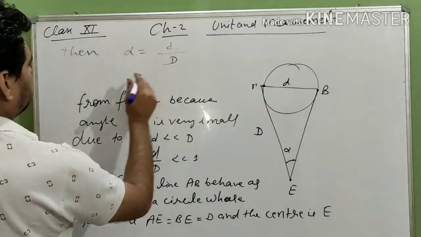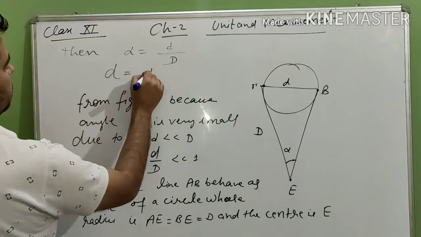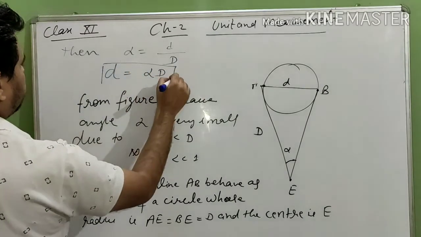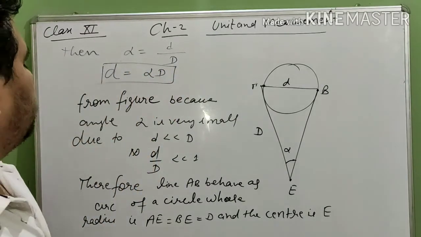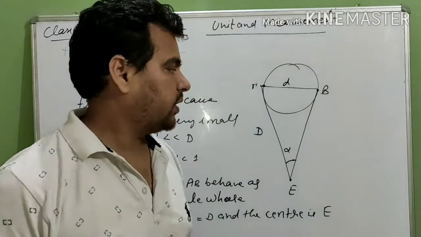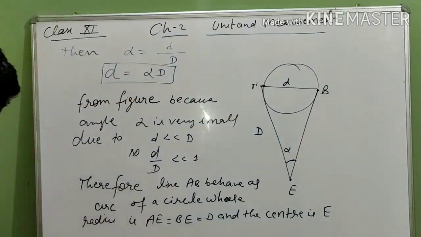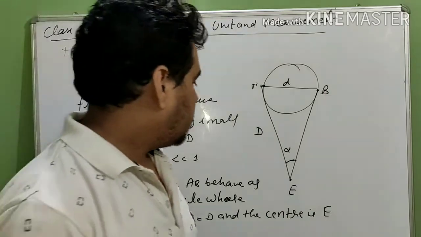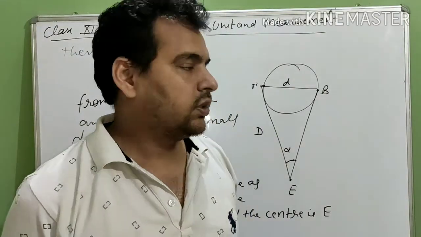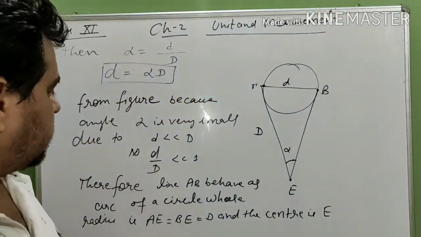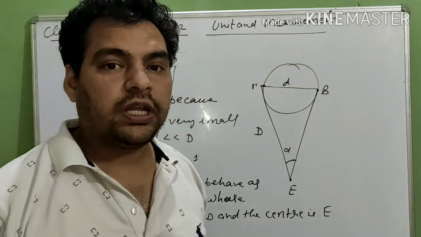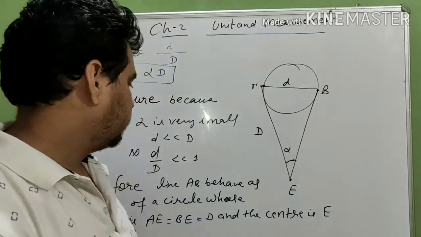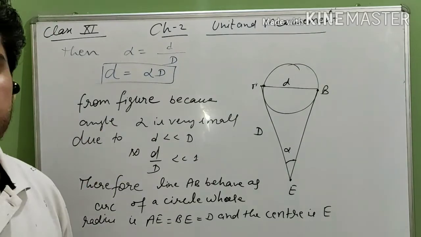Diameter will be small d, so small d is equal to alpha into D. This is the diameter of this planet. We can find it by using the parallax method. And after this, we will study how to find the distance or length of a very small object. Note this down.